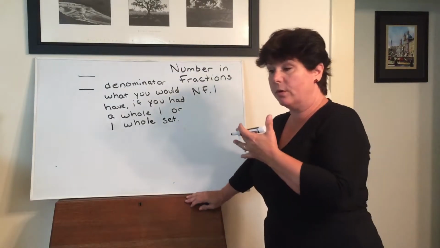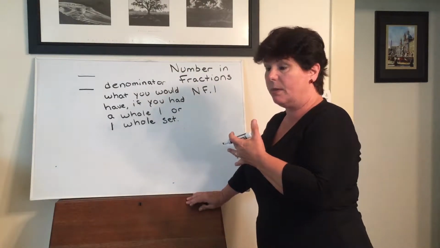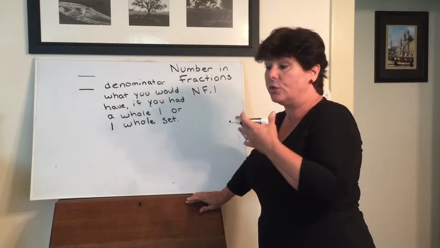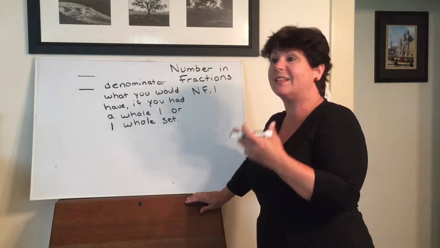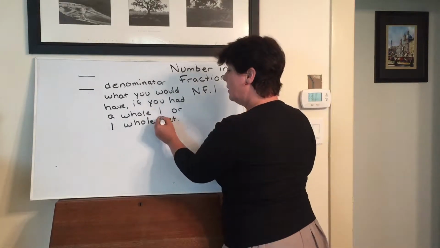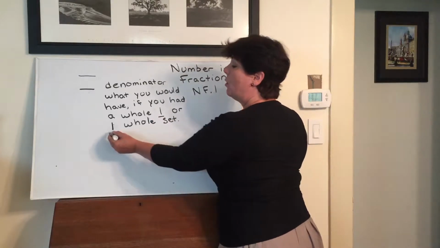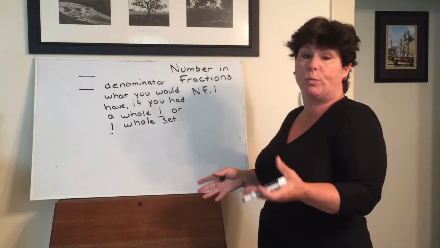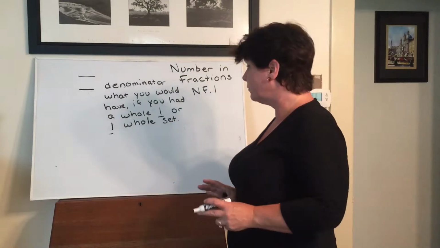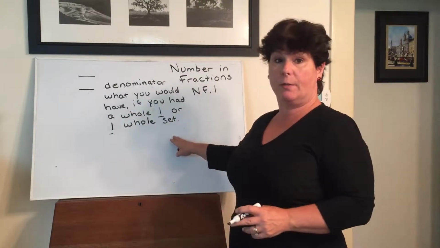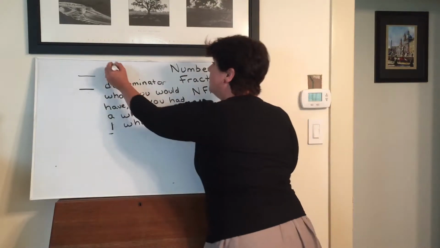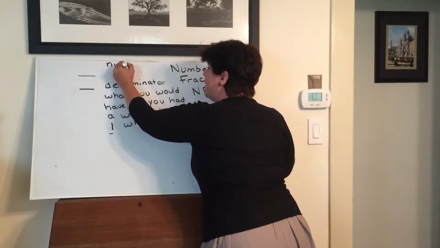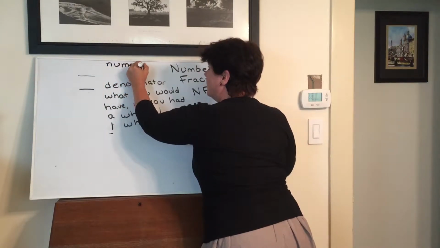And that's really important for them to understand, because fractions are numbers that are supposed to be talking about something that's less than 1 or less than a whole set, which represents 1 set. So that's the denominator. And the numerator is a much easier definition.